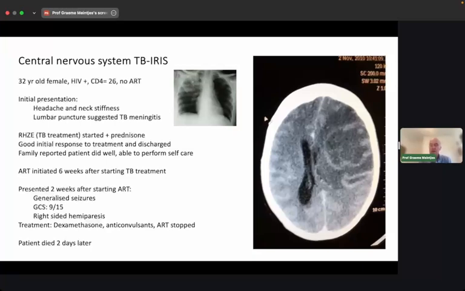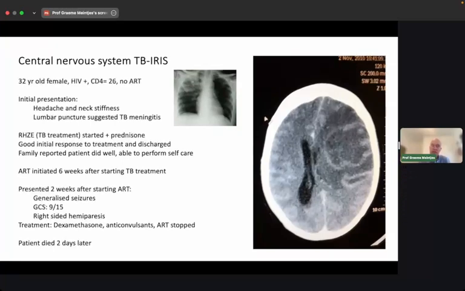And you can see her CT scan showing this massive tuberculoma with severe surrounding cerebral edema and midline shift and a compression hydrocephalus on the right-hand side.